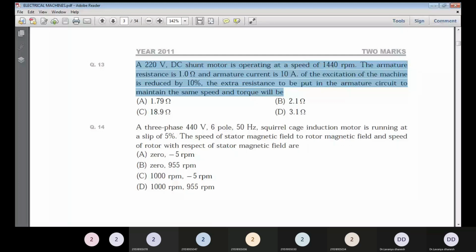To find this out, it is the same concept, same formula.